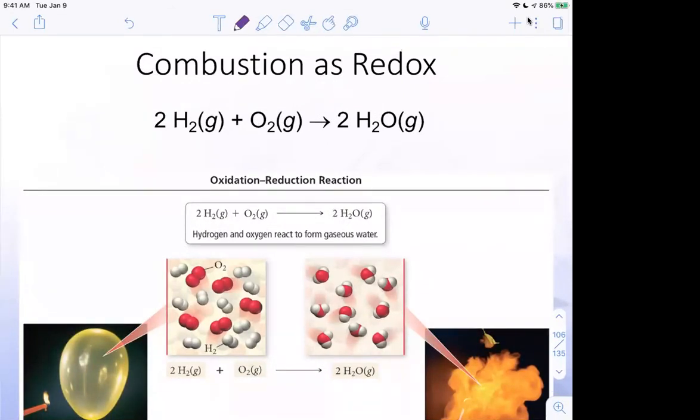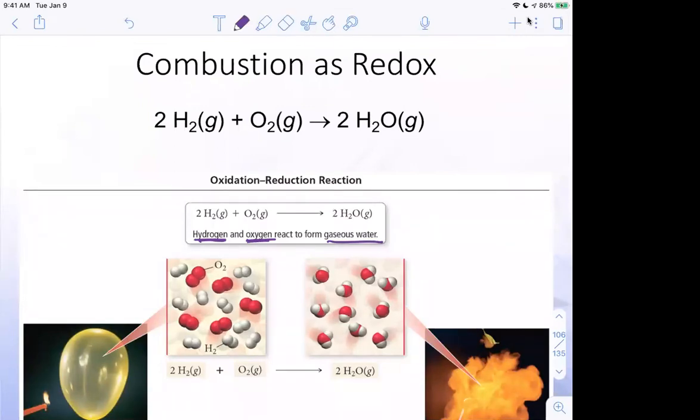Combustion is a redox reaction. In this example of a combustion, remember, combustion is the burning in the presence of oxygen. I have hydrogen, which is elemental hydrogen, reacting with elemental oxygen, and what I'm forming is gaseous water.